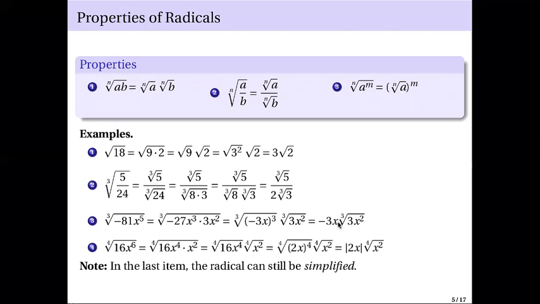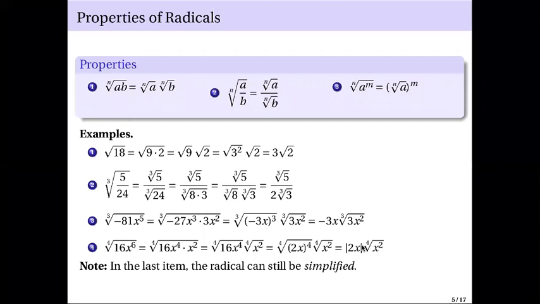This one here is simplified. This one here is simplified. This one here is not simplified: the fourth root of x squared. So for this type, when do we know if the expression is simplified?